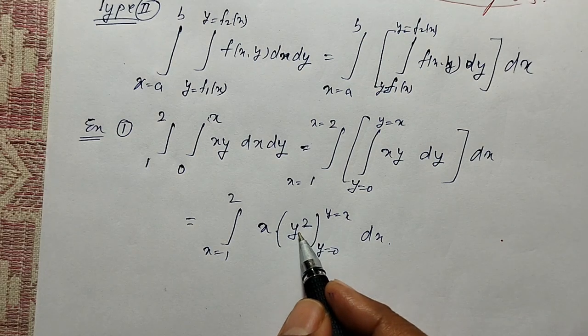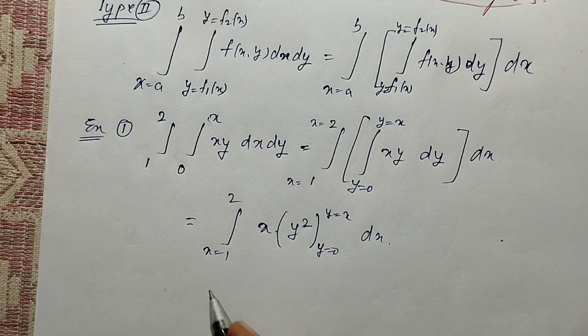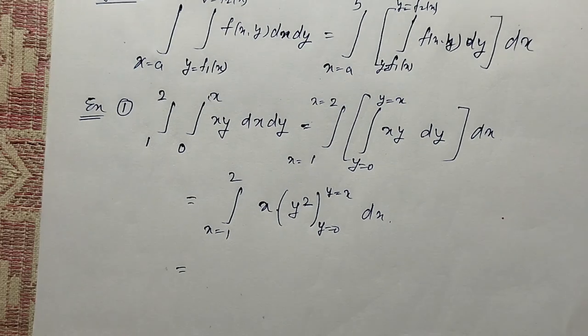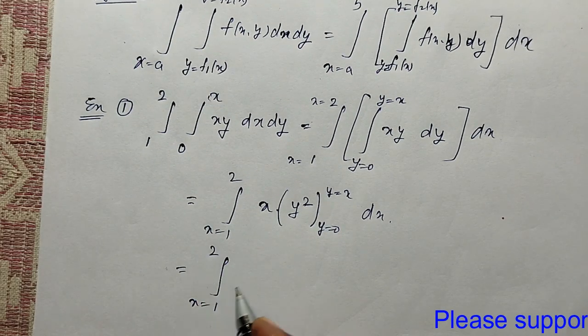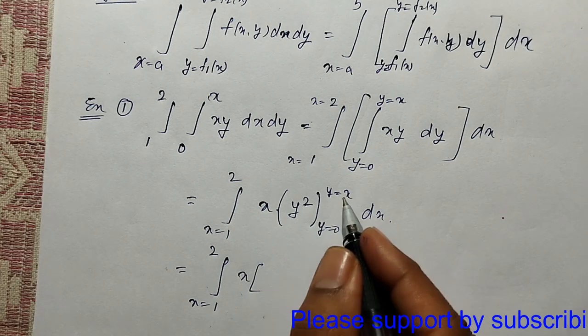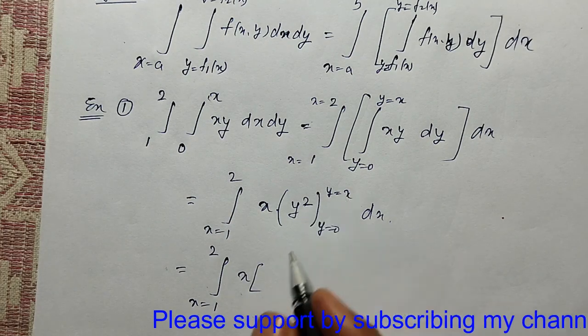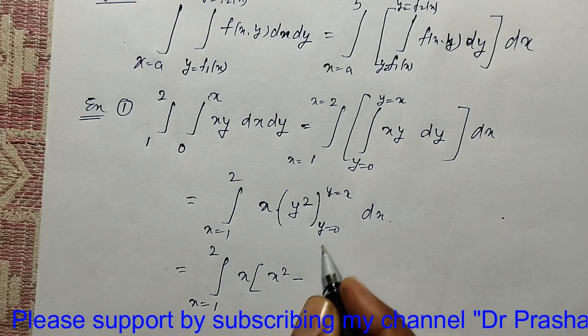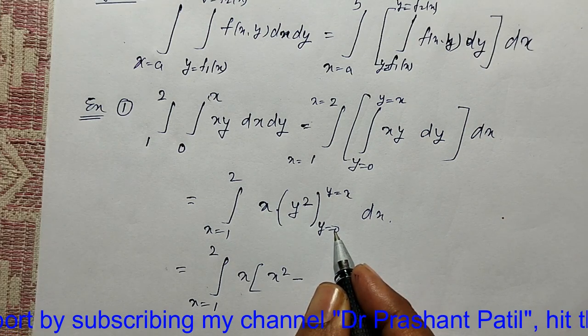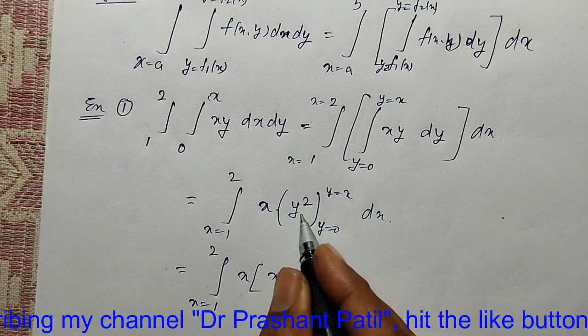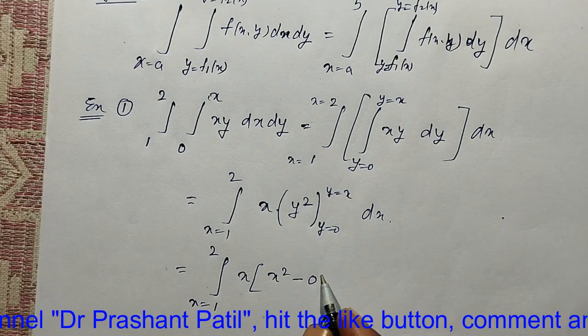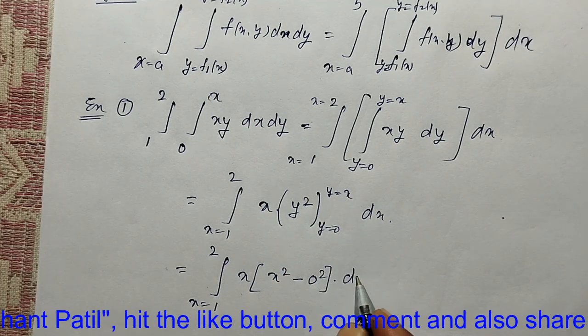Now, put the values of the y upper limit minus lower limit. What is it going to become? Integration from x equal to 1 to 2, x into upper limit y replaced by x, x square, minus y equal to 0, 0 square, into dx.